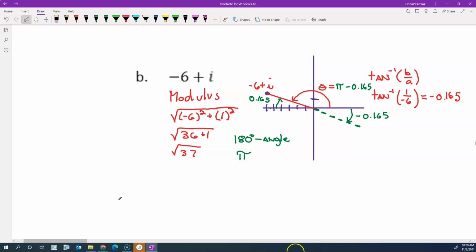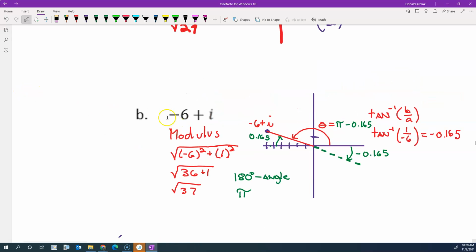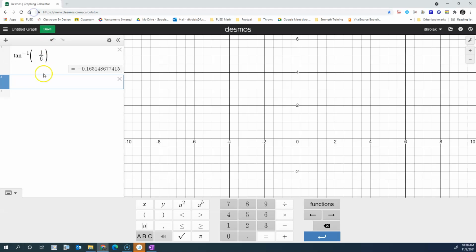Now, to be accurate, use the pi key on your calculator. Okay, I imagine there's a pi key on your phone somewhere. I'm going to do it on Desmos. So to get pi on Desmos, just type in pi minus 0.165.